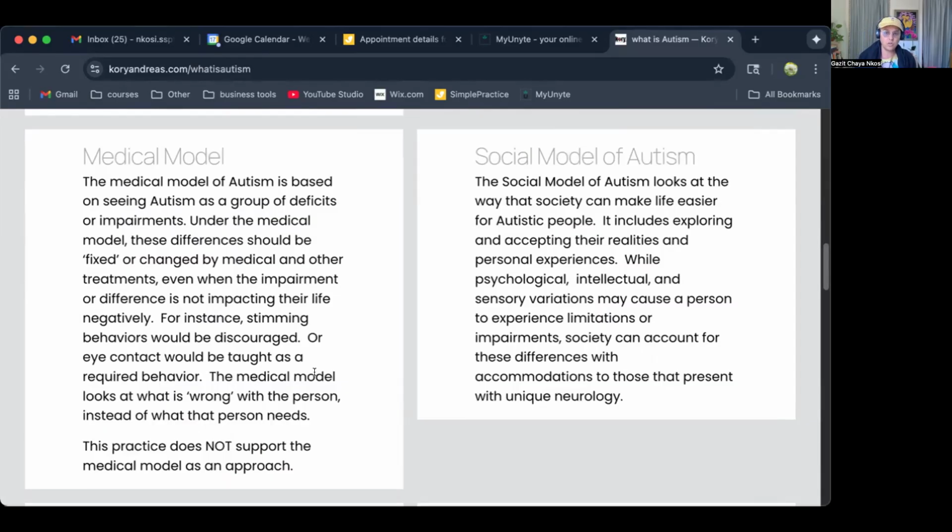So, with a social model of autism, you might be adding trainings in the workplace for supervisors or coworkers to say, let's acknowledge that this is a stim-welcome environment, or this is a no-eye-contact-required environment, or this is a fragrance-free environment, for example, because we're recognizing the sensory variations for our neurodivergent colleagues.